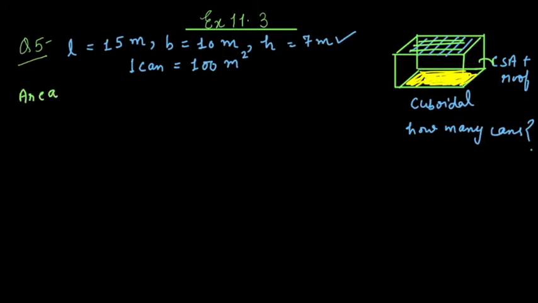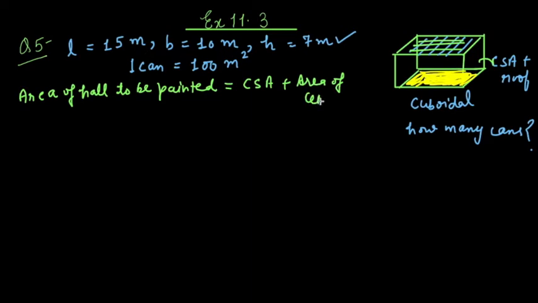The area of the hall to be painted will be CSA plus area of ceiling. Actually we can rather write LSA, because we are talking about the cuboid. We normally take CSA in the case of cylinders.